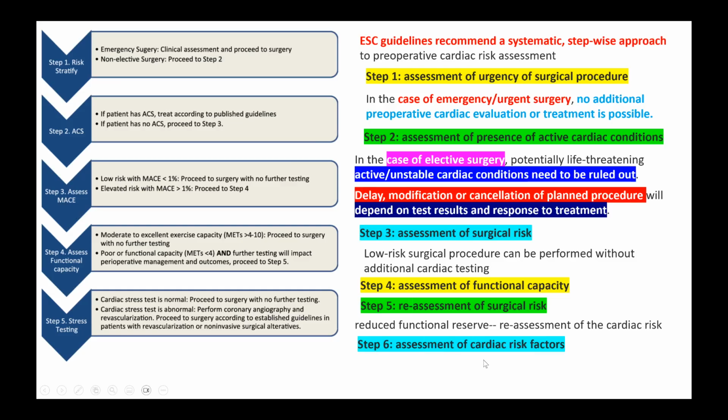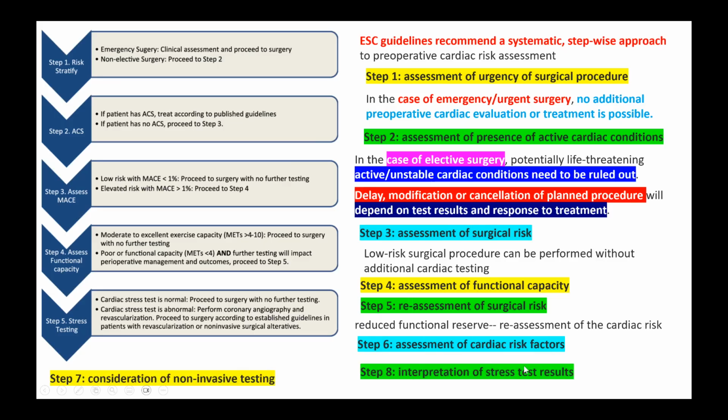And assessment of cardiac risk factors, like the ones which I am going to show, major, minor, or intermediate, and consideration of non-invasive testing. So these are the guidelines by the European Society. And lastly will be the interpretation of stress results. And this guideline is also mostly for patients with coronary artery disease.